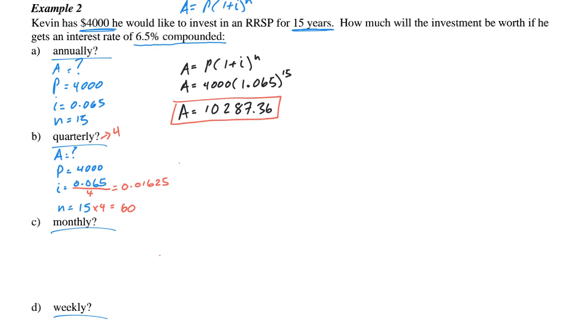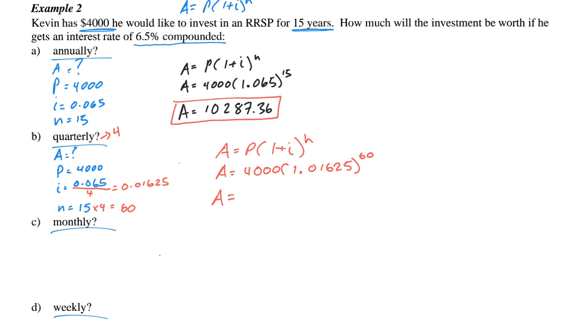So this is what we get for our A, P(1 plus I) raised to the N. You're going to get A is equal to 4,000 times 1.01625 raised to the 60. Let's see what we get for our final A value.